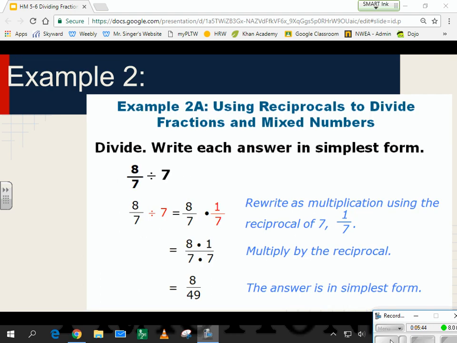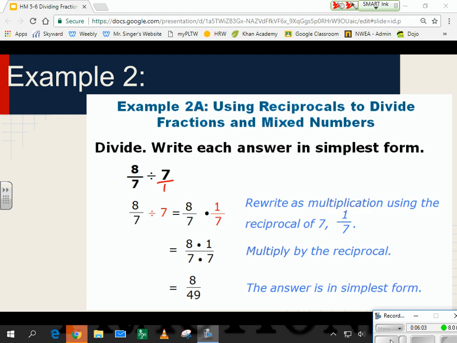All right, we're going to start out with as easy of a problem as I can think of here to understand reciprocals and multiplying by the reciprocal. So the first thing you see with 8/7 is you go, well, 7's a whole number. We have to turn that into an improper fraction, 7 over 1.